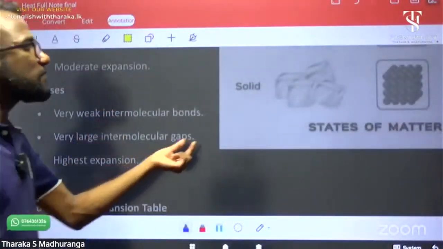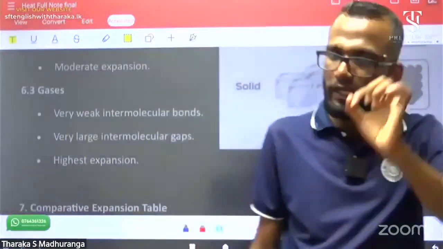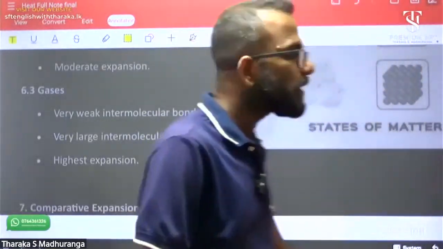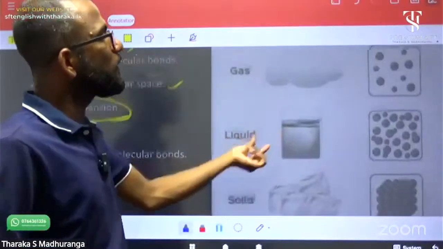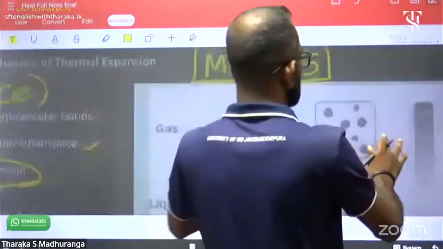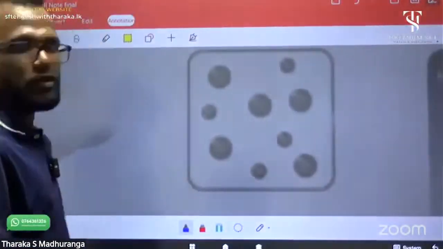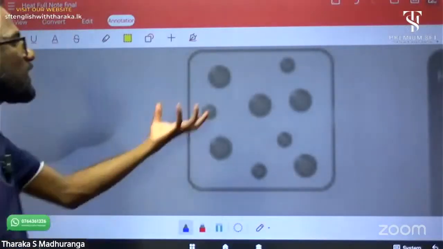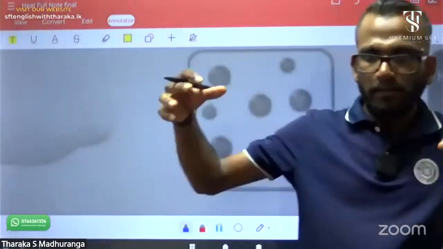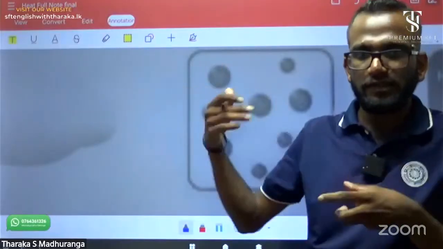If you have gases, they are also made by molecules, but they have very weak intermolecular bonds. They are freely available with high intermolecular spaces.